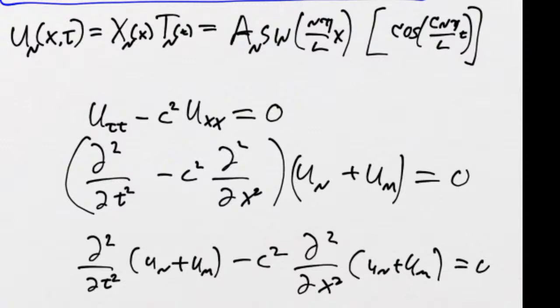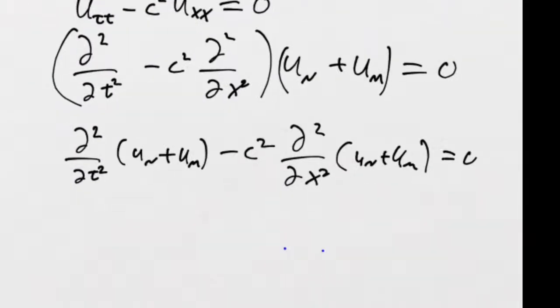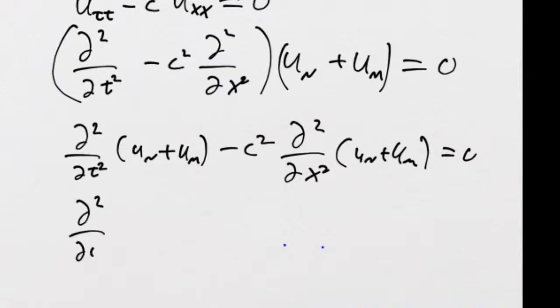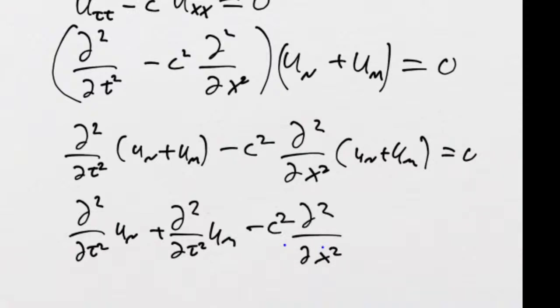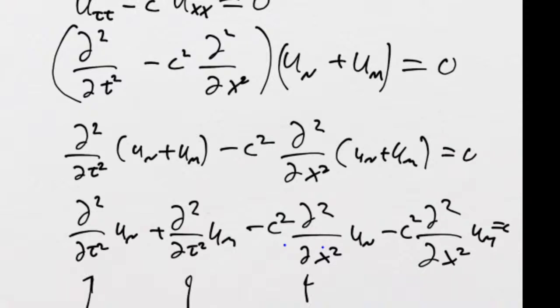And being a linear operator, each of these breaks down into d squared dt squared of un plus d squared dt squared of um, minus c squared partial x squared un minus c squared partial x squared um, and that whole thing has to equal 0. But we know that this minus that equals 0 and this minus this equals 0. So clearly the sum was a solution, right?